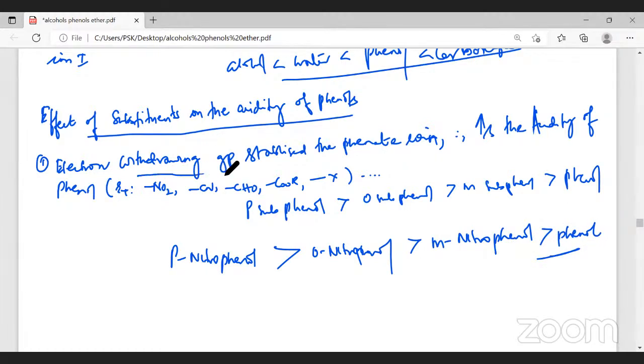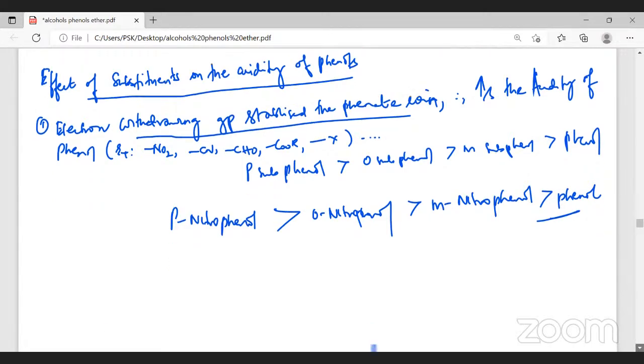Remember, electron withdrawing group stabilizes the phenate ion by resonance and increases the acidity. Likewise, if we talk about electron donating groups, the second one is electron donating groups.